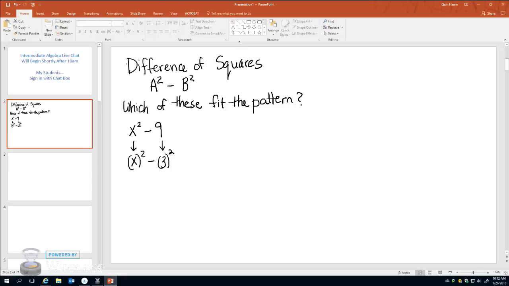Or another way of saying this is we can identify our A and our B. We're going to do that in each case, identify the A and the B from the special pattern. So in this case, I identified that the A is x and the B is 3. Those are the things being squared. So this does fit the pattern of a difference of squares. Yes, and I'm going to call that difference of squares, DOS. Fits that pattern.